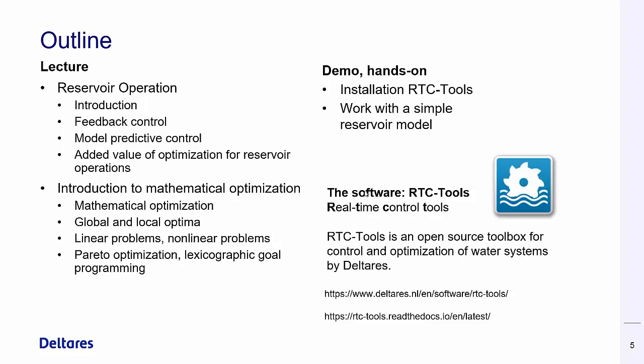The software is RTC Tools. RTC is an abbreviation for real-time control, and we call this a toolbox. It's an open source toolbox for control and optimization of water systems made by Deltares.